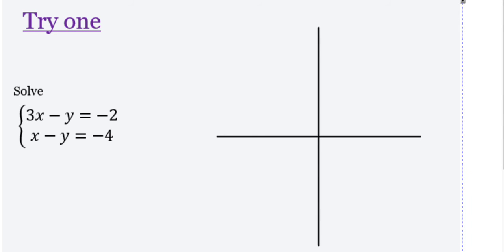Number 8 is Abhinav. If you could, I was hoping you could go up there and graph the top equation. Let me put on lines, I forgot to put lines here.